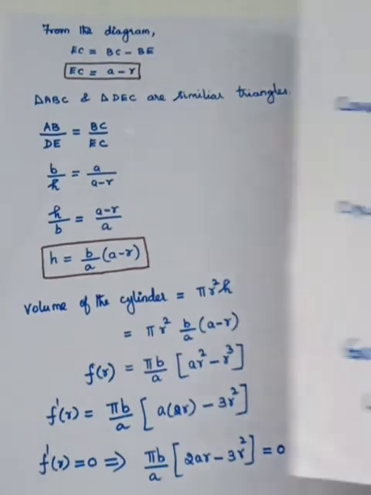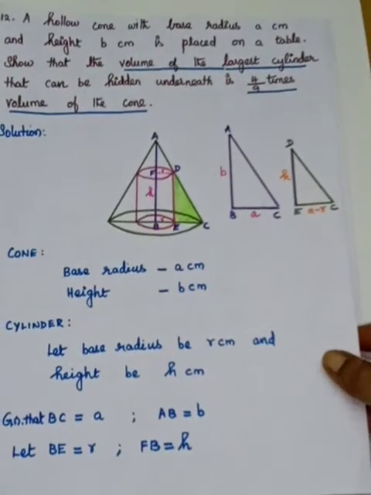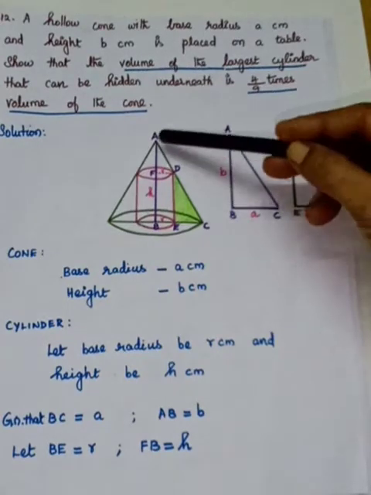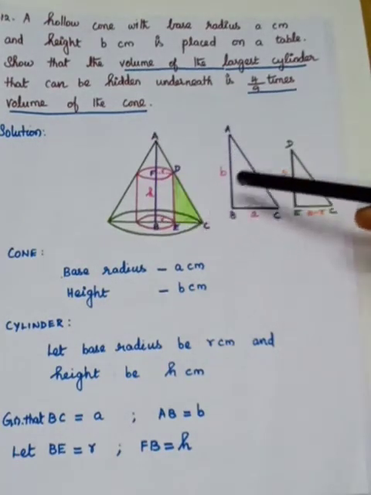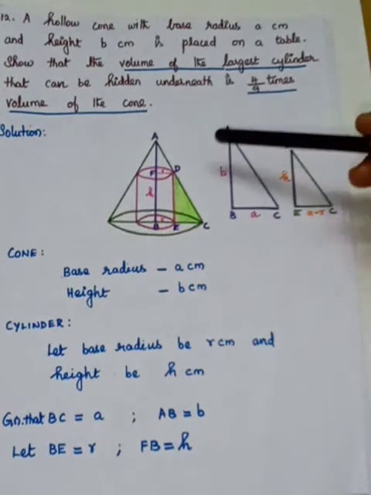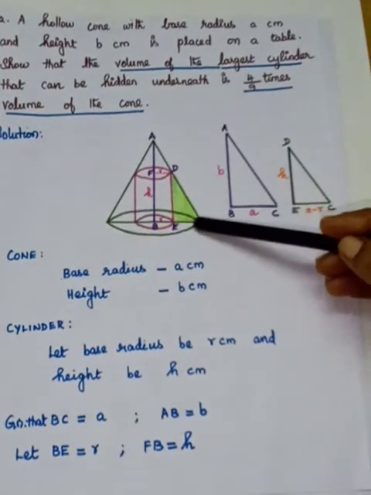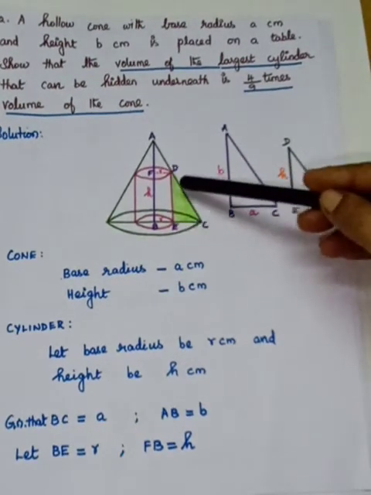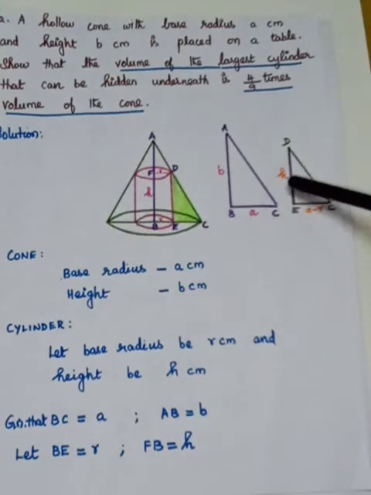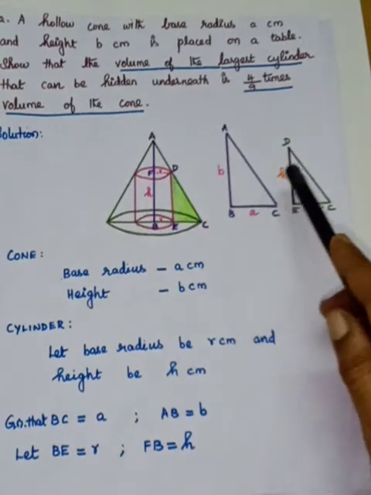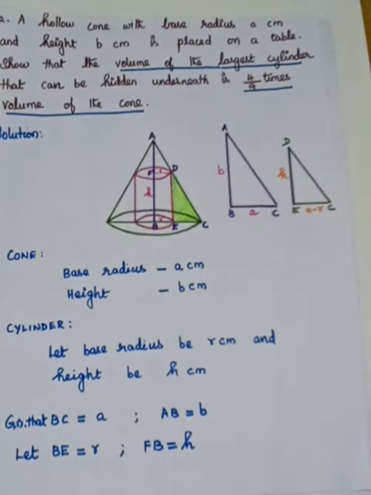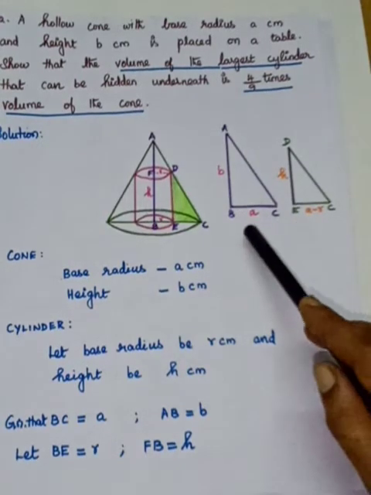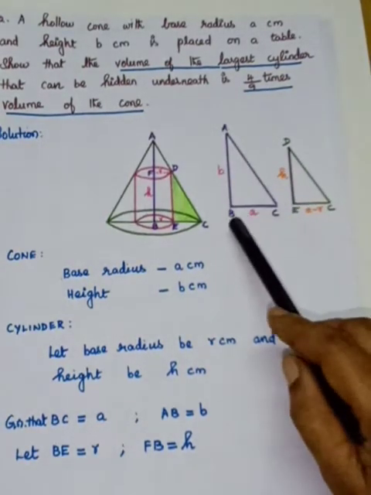For that, from the diagram I am going to consider two triangles. One is the bigger one, ABC, which I have drawn here separately. Another one is the smaller one, which I shaded with green color, DEC. Both the triangles are similar. First we will write the measurements.